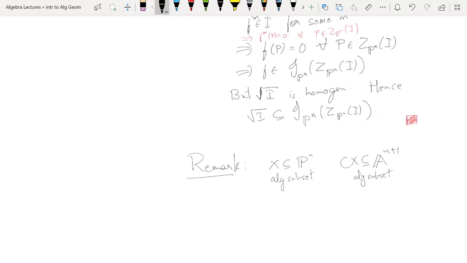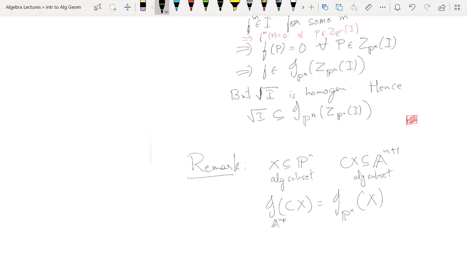So if you look at the ideal of definition of the cone of X, this is in the affine setup. So this is saying that all polynomials in K[X_0, ..., X_n] which vanish on the cone of X. This is the same as the ideal of definition of X in P^n, which is the ideal generated by all homogeneous polynomials which vanish at every point of X. So what we have observed is that these two happen to be the same.